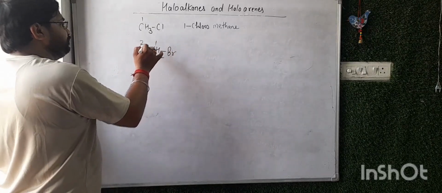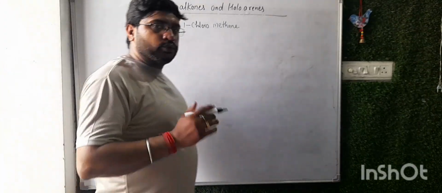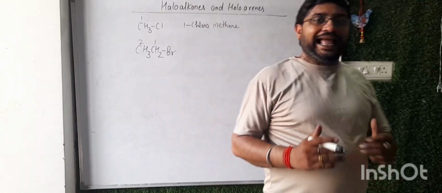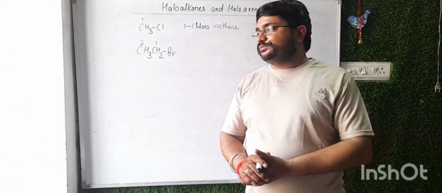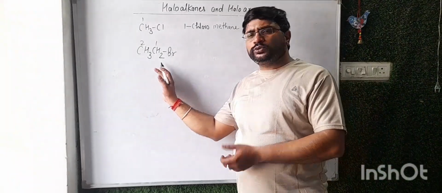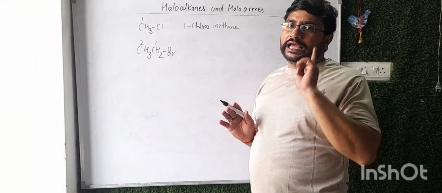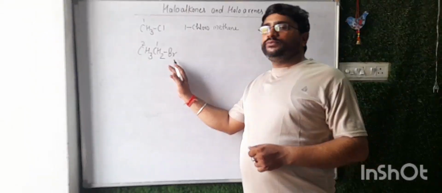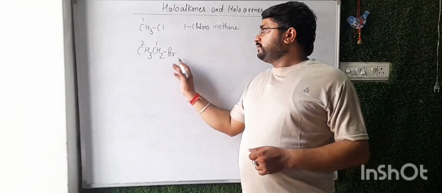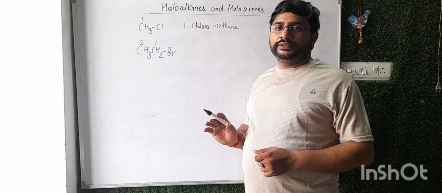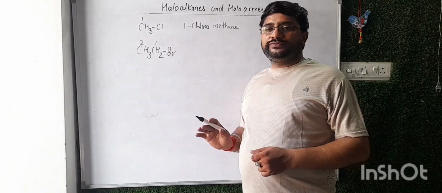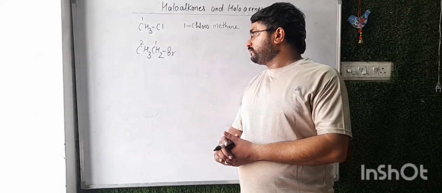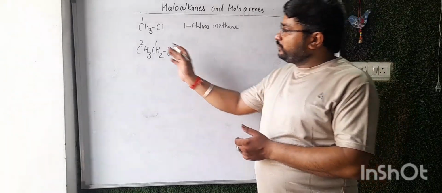How many carbons does it have? 2 carbons. For 2 carbons the root word is eth, coming from ethane, and this is also a monoderivative, because only one halogen is present. The non-metal element is bromine, and in the prefix we use the word bromo. It is attached on the first carbon.